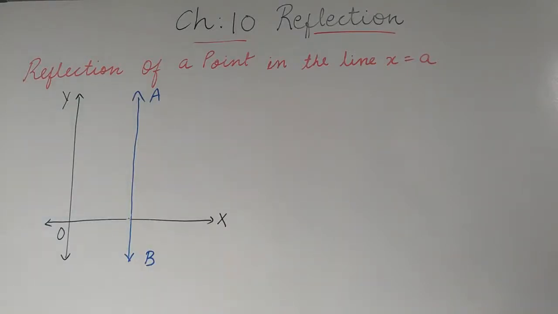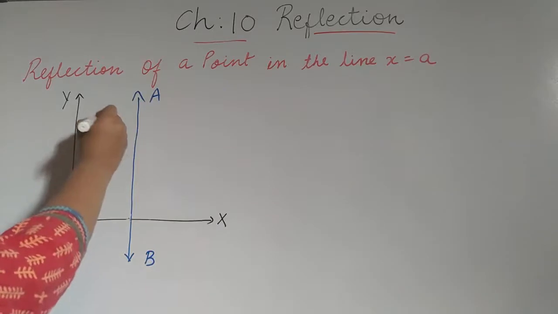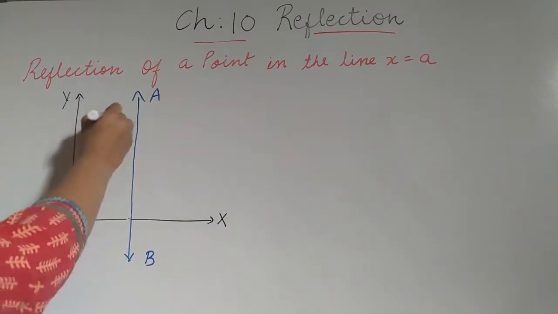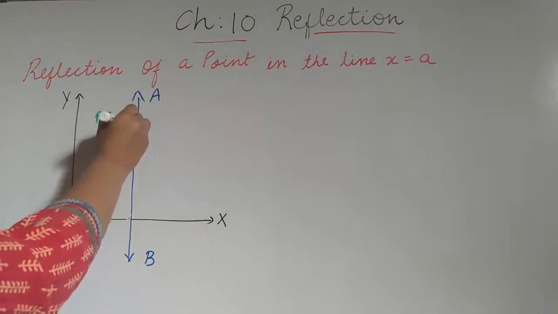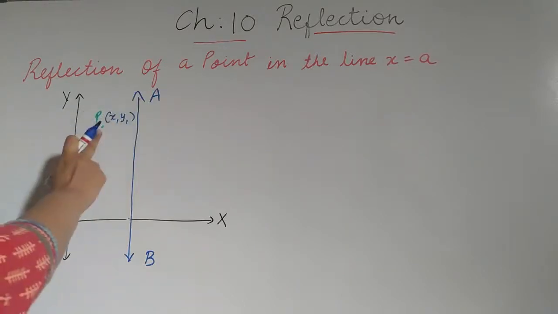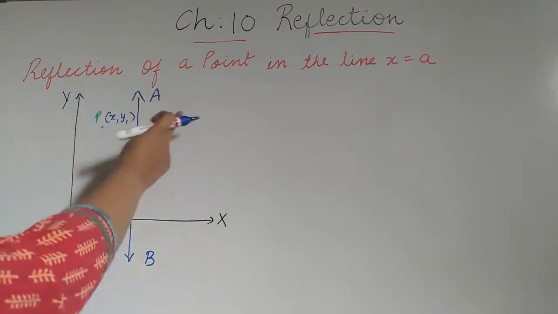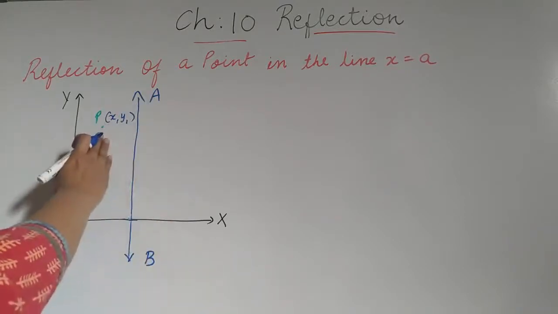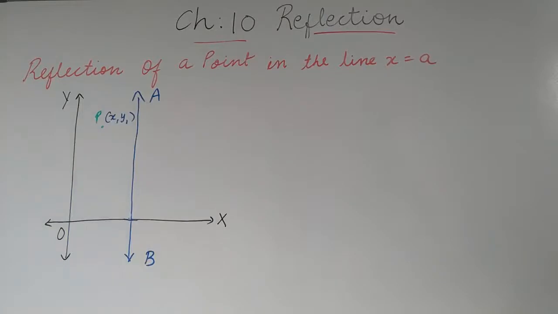And here let us take one point P whose coordinates are x1, y1. So this point I need to reflect in the mirror line AB. Where does it reflect? It will reflect on this side as point P dash.